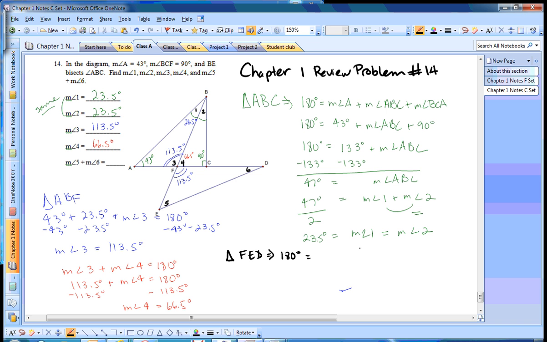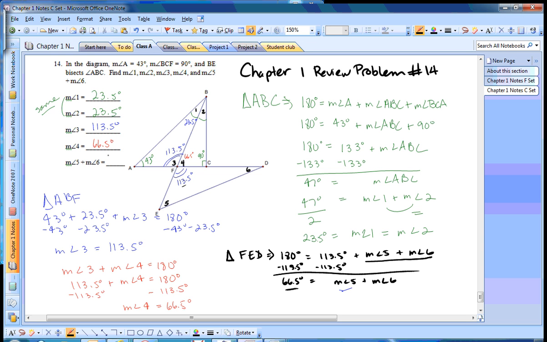And what's that going to be composed of? Well, that would be 113.5 degrees right here, plus the measure of angle 5 plus the measure of angle 6. Now that's what we're actually solving for, so all we have to do is subtract 113.5 again. And the measure of angle 5 plus the measure of angle 6 is actually going to be 66.5 degrees.